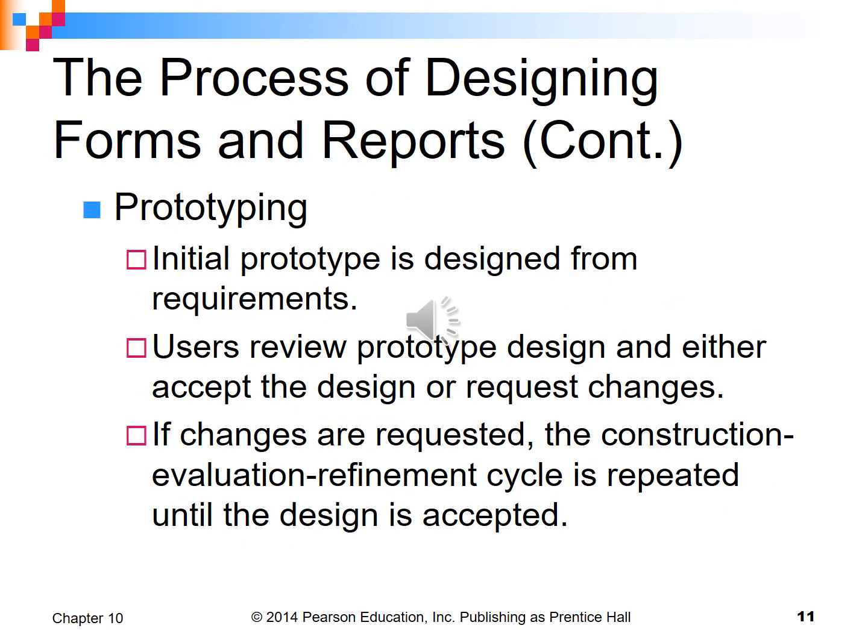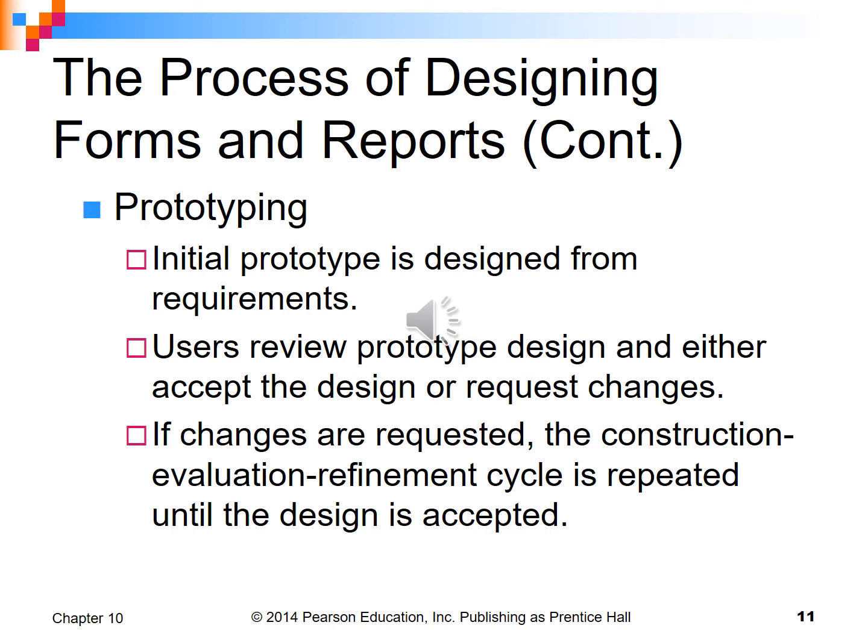As I explained earlier, what's the process? First of all, an initial prototype is designed from the requirements. We create an initial version of that form or report. Then we review it with the customer. The user reviews the prototype design and either accepts it as is or requests a change. If they request a change, we make the change and go through it again.